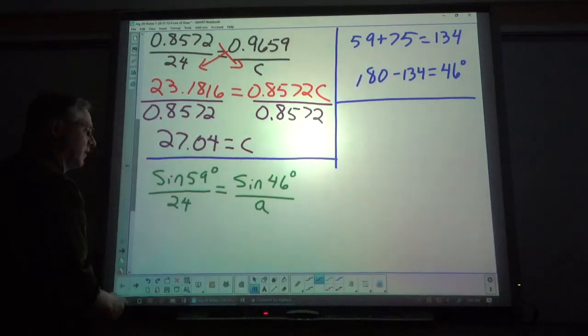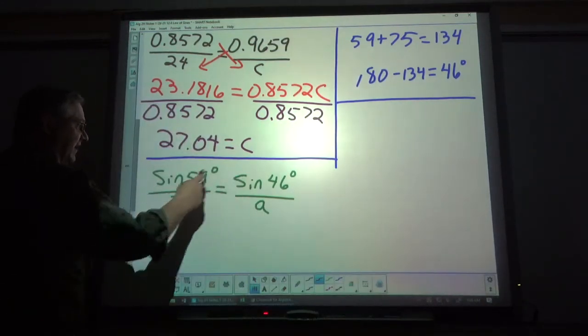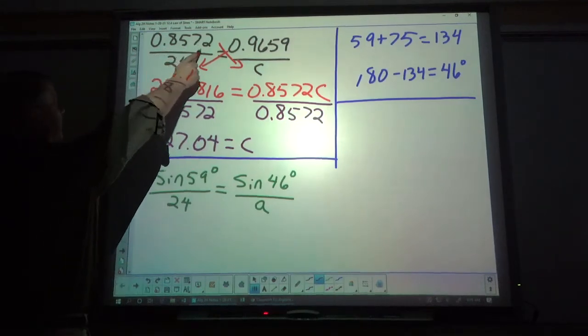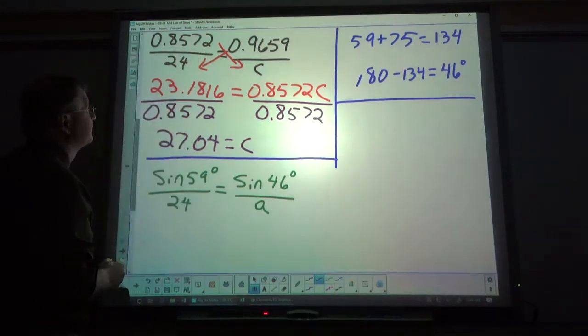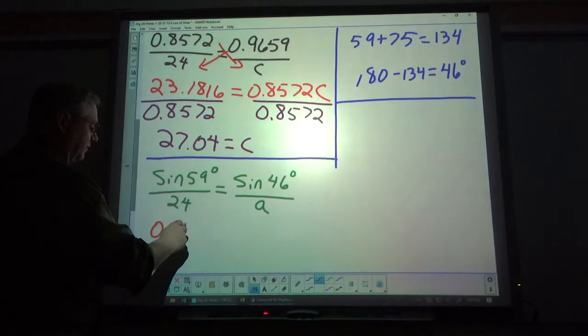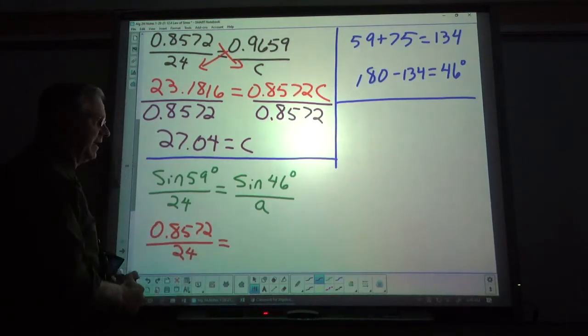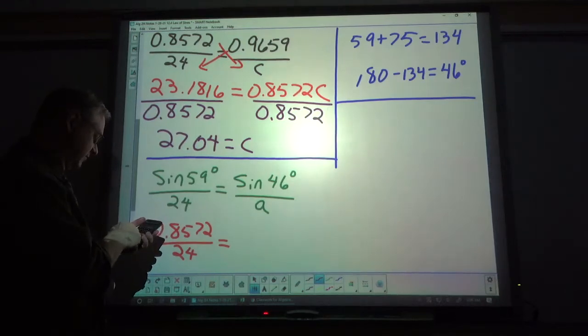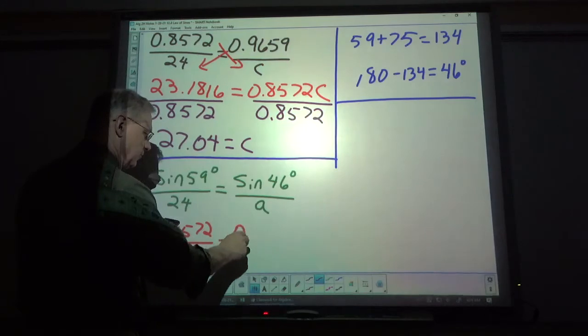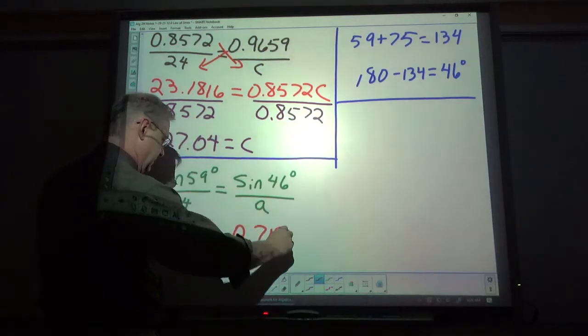So I'm going to first find these values. Now I already have sine of 59 is 0.8572. And 46 degrees, the sine is 0.7193.